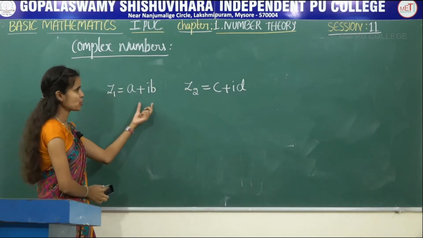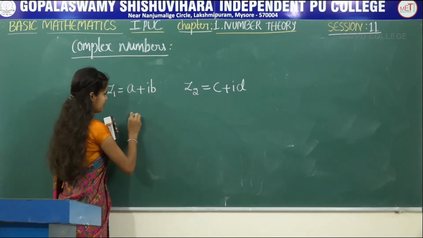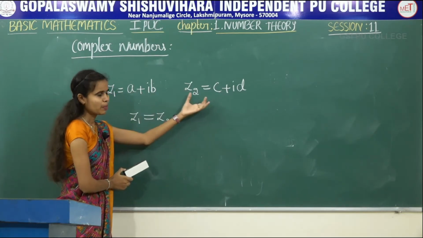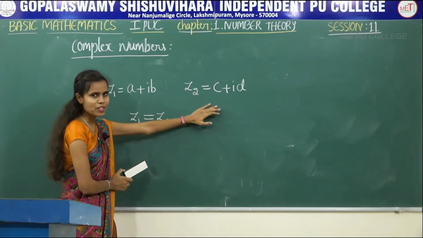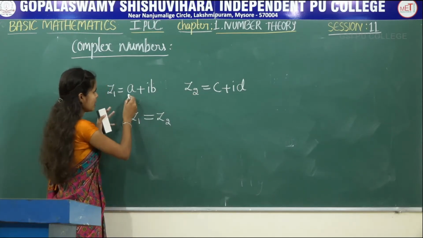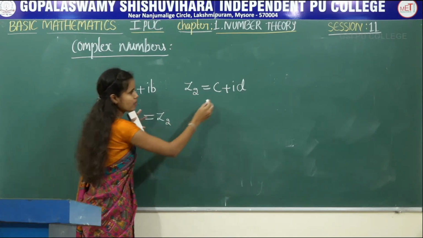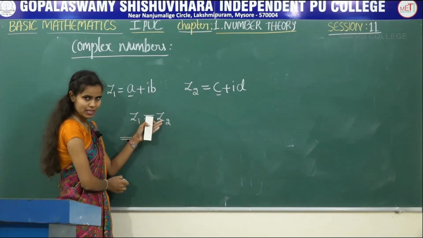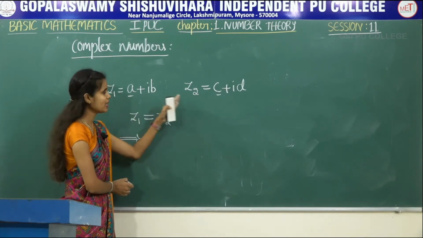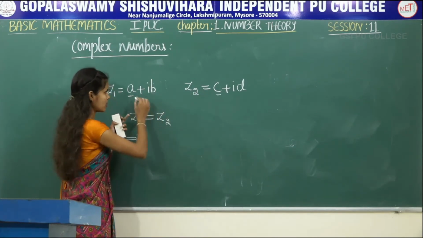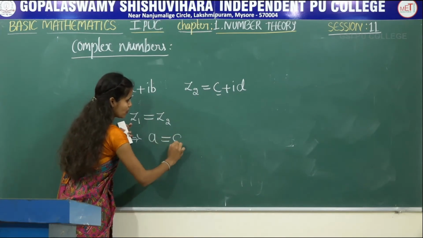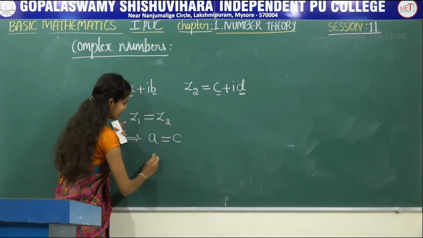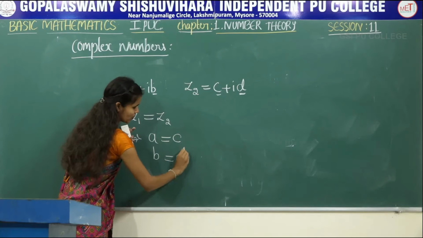Suppose I want to say these two complex numbers are equal, that is z1 is equal to z2. Then the corresponding real parts must be equal and the corresponding imaginary parts must be equal. For example, the real part of z1 is a, the real part of z2 is c. So if the given two complex numbers are equal, then the corresponding real parts are equal and the corresponding imaginary parts are equal. So a is equal to c, and the imaginary parts b and d, b must be equal to d.